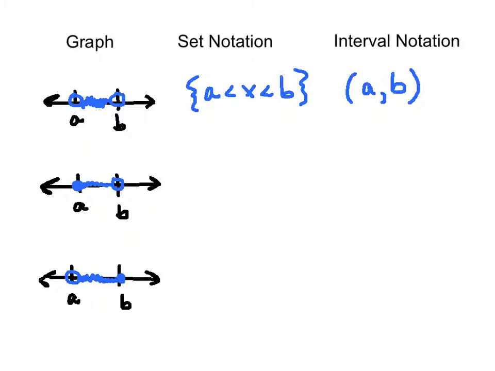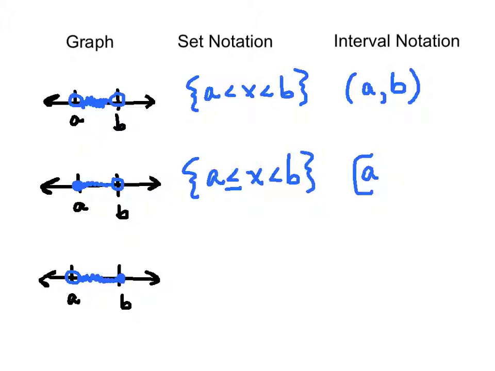In the next example, I have a closed-ended interval at A and an open-ended interval at B. So I'm speaking of numbers that are greater than or equal to A and less than B. And in set notation, I would say A less than or equal to x less than B. If I want to use that same representation of numbers in interval notation, I would say, let's begin at A, but I want to include the A, so I'm going to use a bracket.